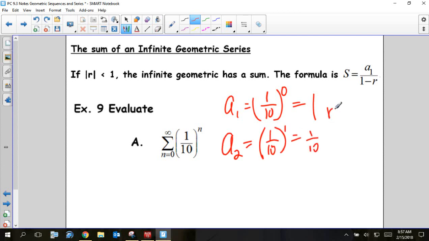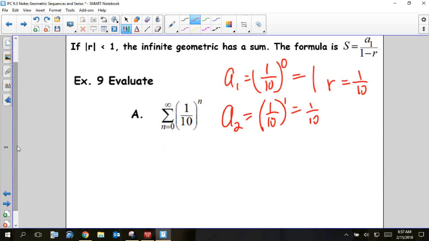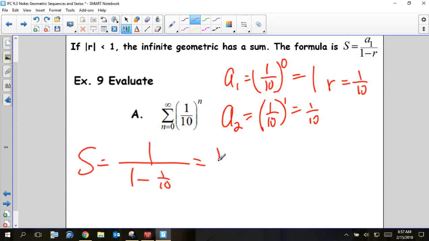For our ratio, we put our second term over our first term, and we get 1/10. So our formula is first term over 1 minus rate, and you get 10.